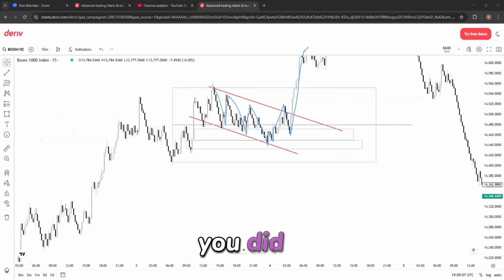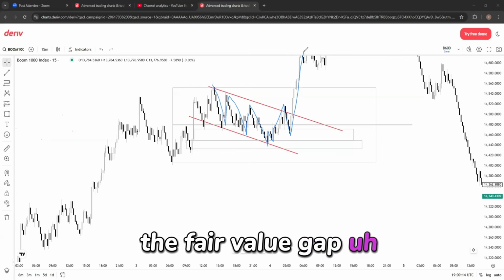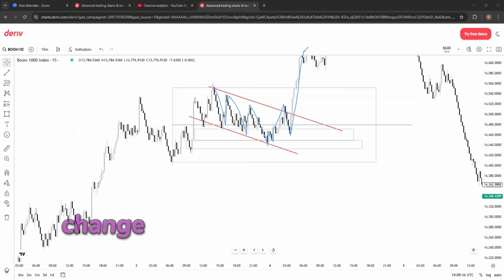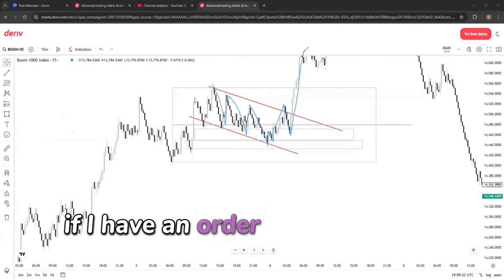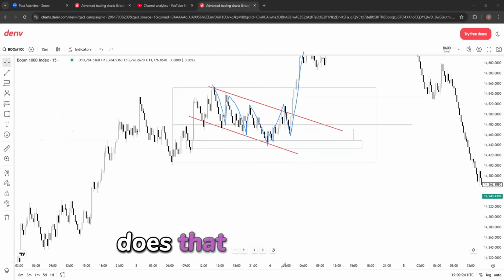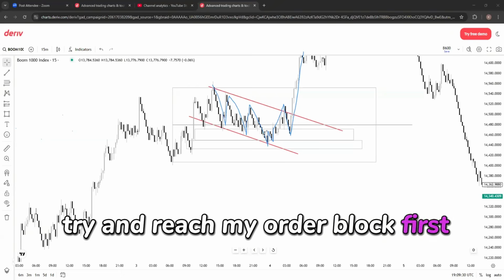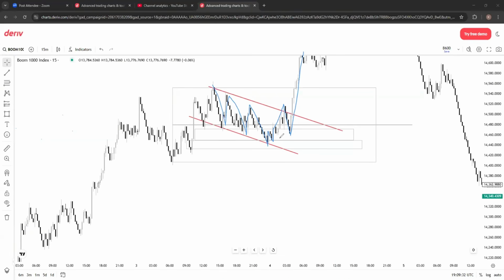Yes, you did. I wanted to ask, the first time when it filled the fair value gap, it created a change of character and a break of structure, but then it reversed. If I have an order block below my fair value gap, does that mean I have to wait for price to reach my order block first before executing?